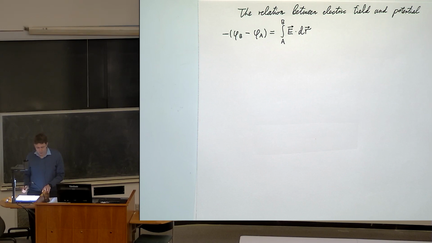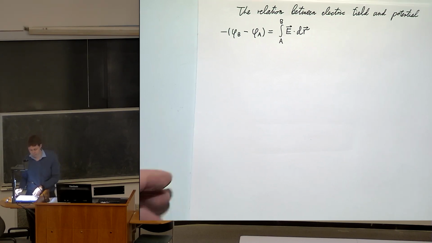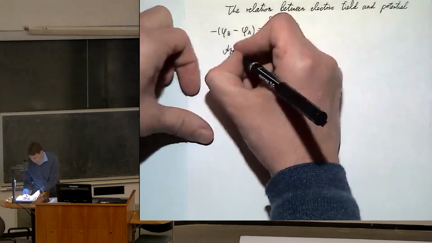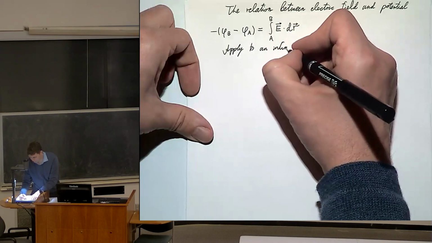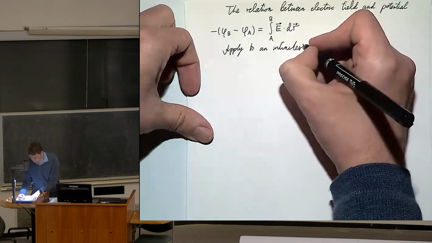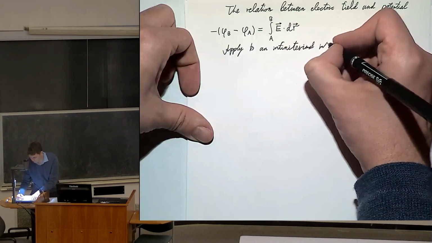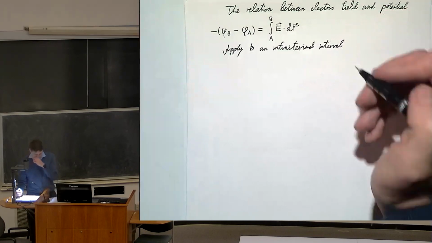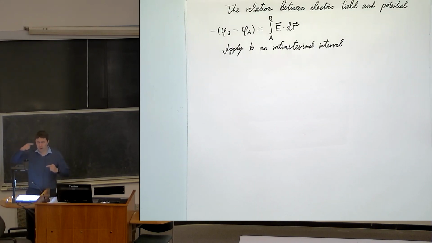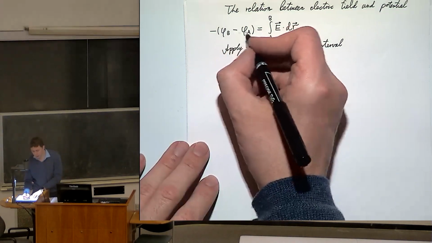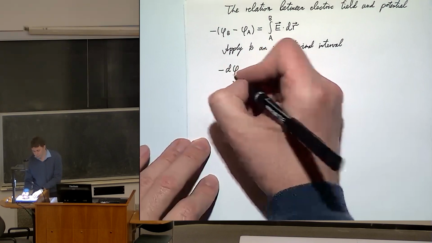And let's apply that to an infinitesimal interval. Then there'll be no integral, because points A and B are infinitely close to each other. Our whole interval under consideration is one infinitesimal interval, and phi B minus phi A turns into the differential, minus d phi.